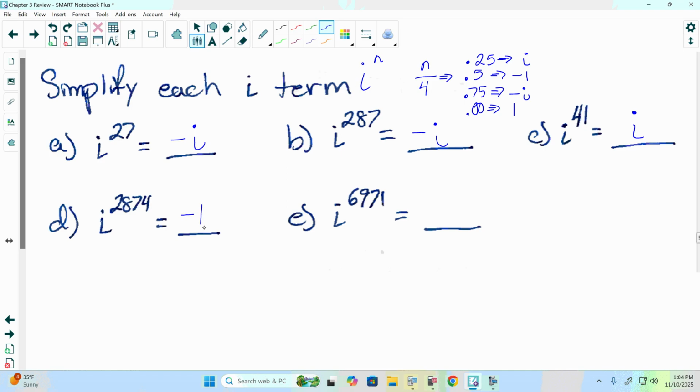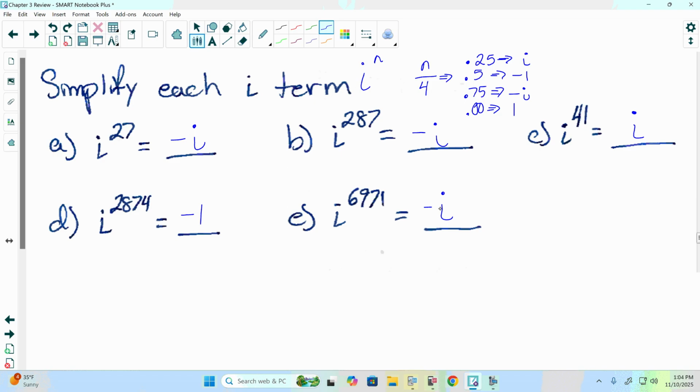Negative 1. And then this is, I think, negative i. Yep, because all we got to do is take that exponent, divide by 4, look at the decimal. Is it 0.25, 0.50, 0.75, or 0.00? Or essentially, is there no decimal?